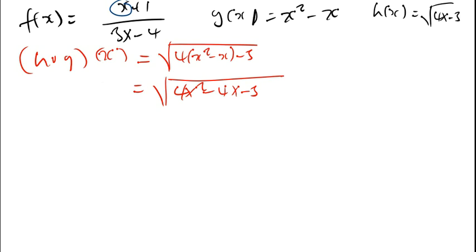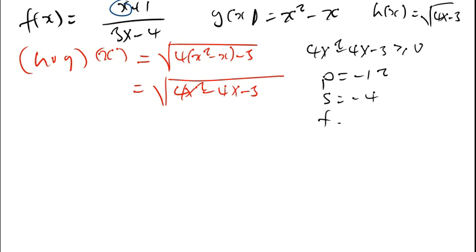To find the domain of this guy, get what is in the square root only. Do greater than or equal to 0. So for x, the product is negative 12. The sum is negative 4. What is the factor? You know what I'm doing here, right? So what am I going to have?